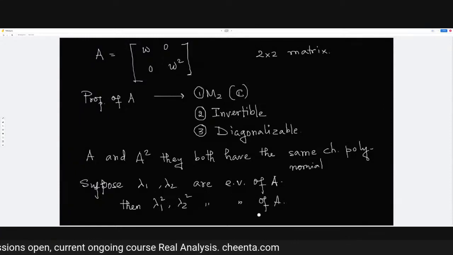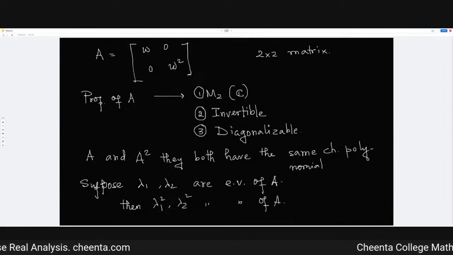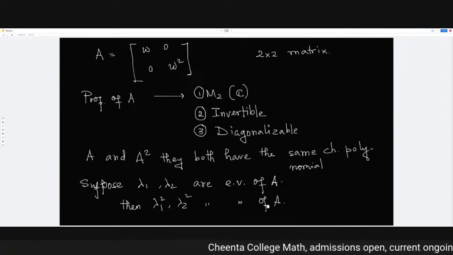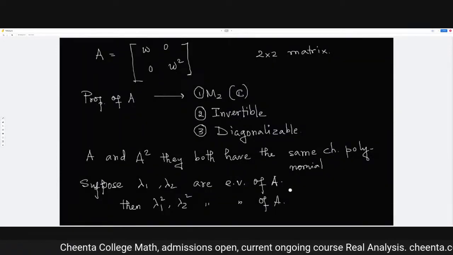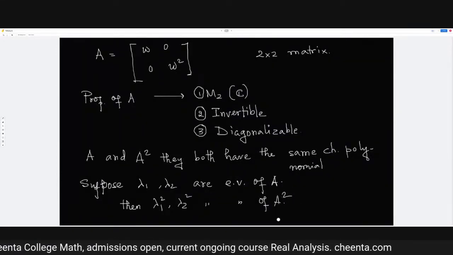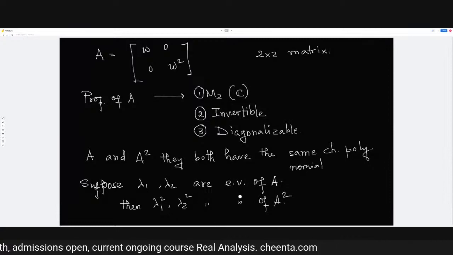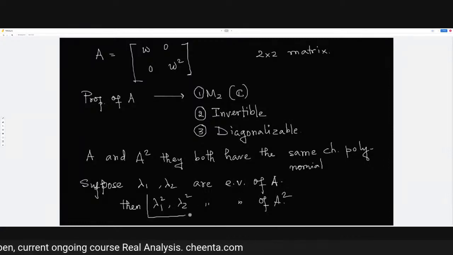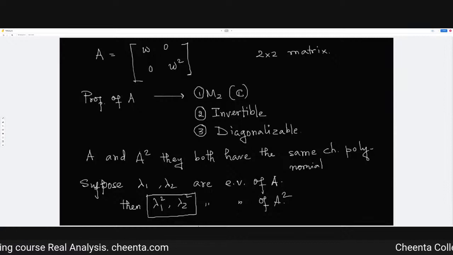Since it is given to be diagonalizable, you can directly solve it. But anyway, if lambda is an eigenvalue of A, lambda square is an eigenvalue of A square. Here, since it's diagonalizable, this will be the exact eigenvalue set.